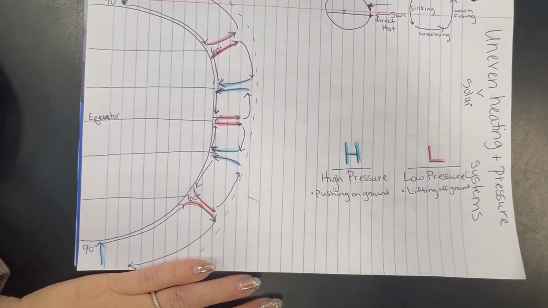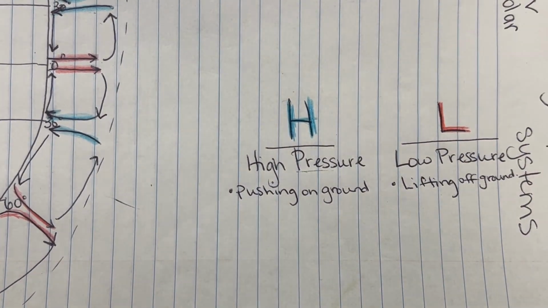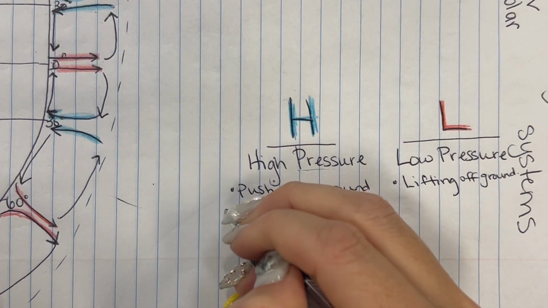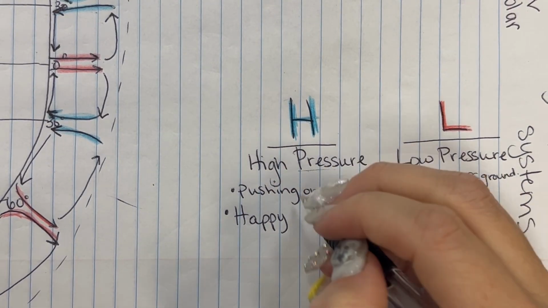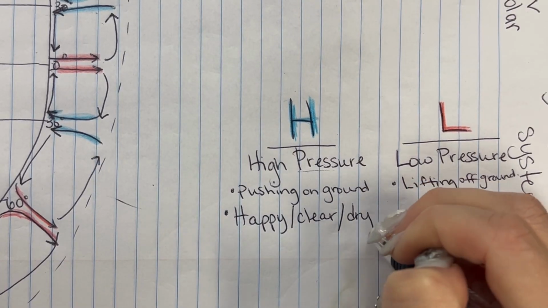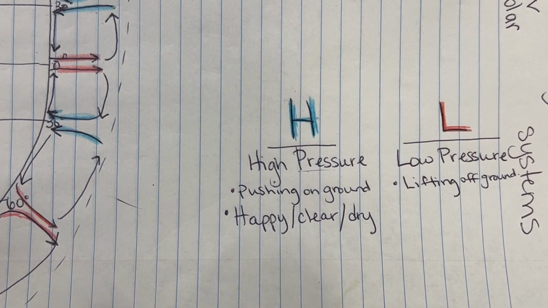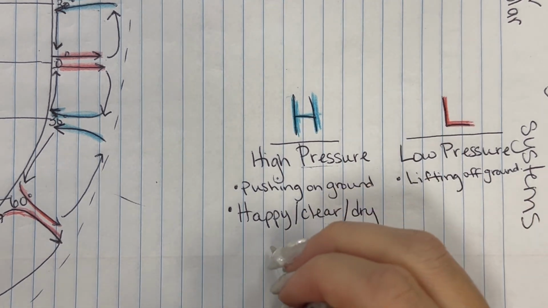Sorry, let me zoom you in so you see it a little better. High pressure is happy, clear, and dry. And these are all weather words.